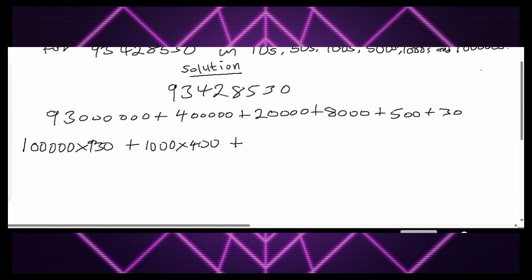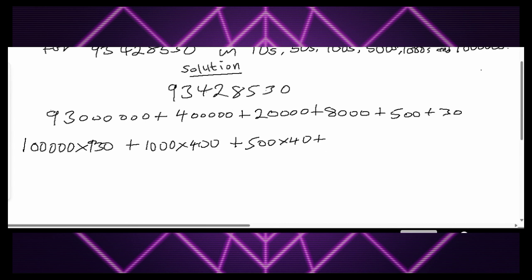Right after the thousands, the next is 500. I'm looking for a number that I can multiply by 500 to get 20,000. That is 40: 4, 5, 20, then the 3 zeros, 20,000.